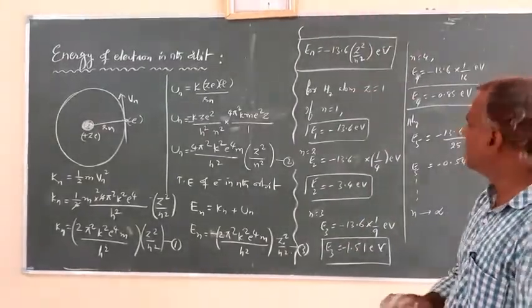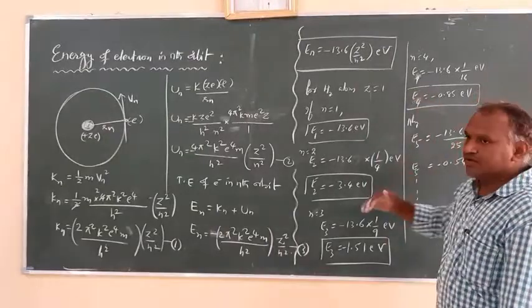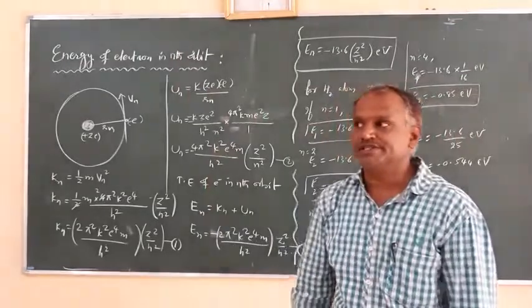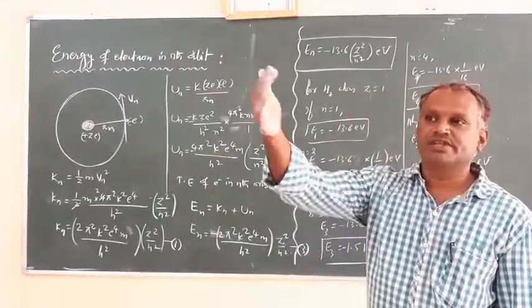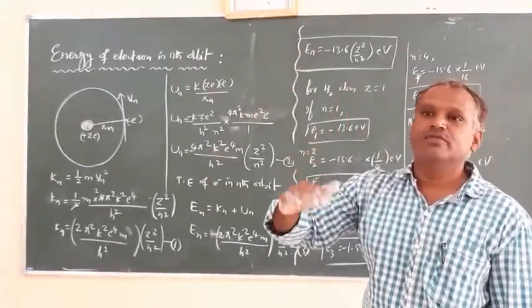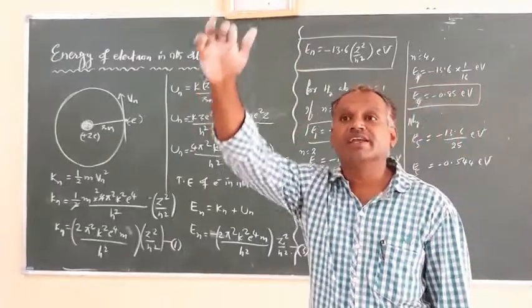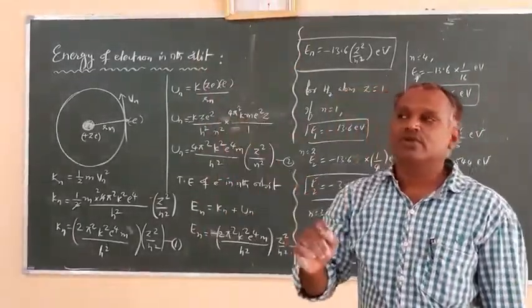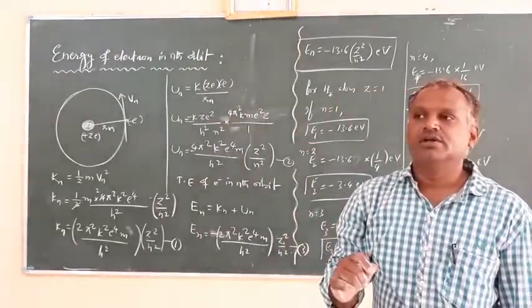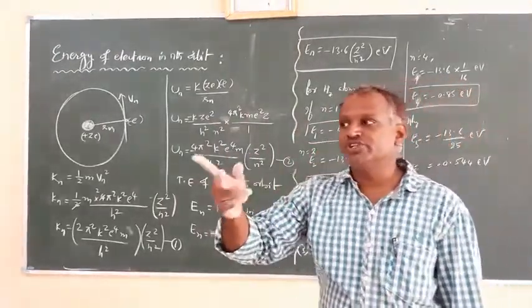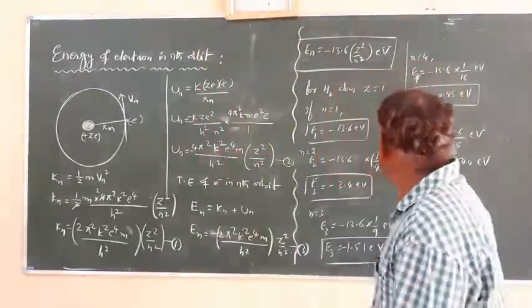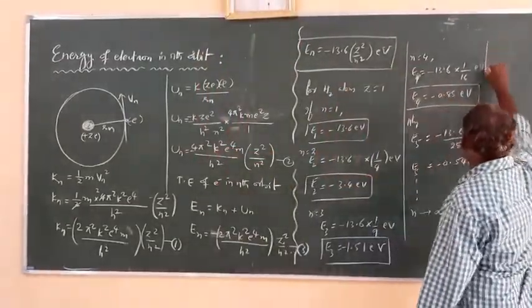So when the electron moves to higher orbits, that is first excited state, second excited, third excited, the n value goes on increasing. The kinetic energy decreases and potential energy increases. Therefore, both potential energy and total energy increase, while kinetic energy decreases. That is an important point.